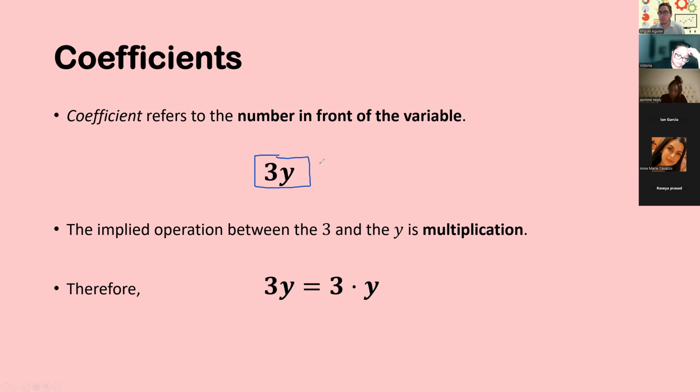The implied operation happening between the 3 and the y is multiplication. So whenever you see something like 3y, you need to think to yourself, this is the number 3, which you can see, times some unknown, some unknown value.